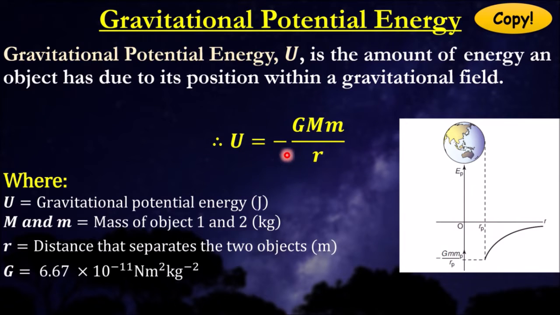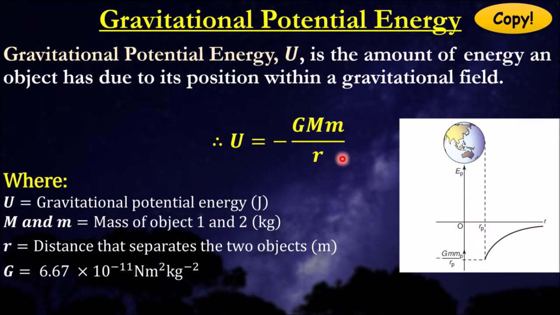The negative represents work being done with gravity to drag our object from a point of zero all the way to where it is positioned with the larger object. As we get closer to the larger object, our gravitational potential will decrease. And that makes sense because obviously we're going further and further away from those gravitational fields.